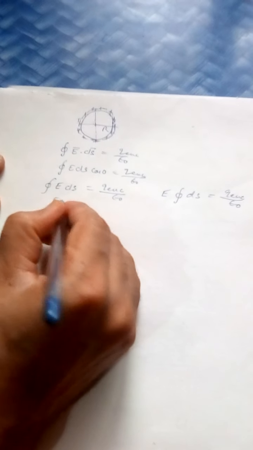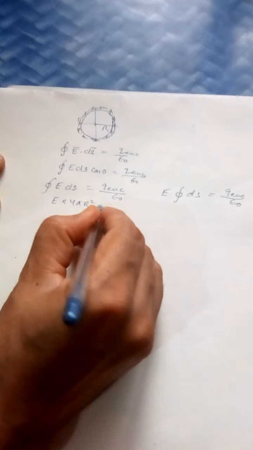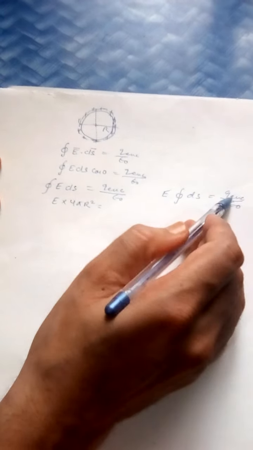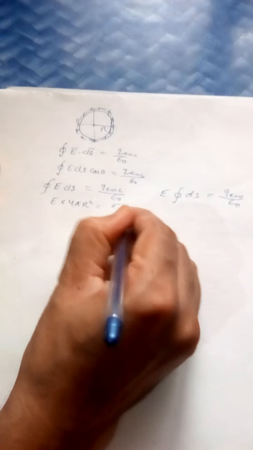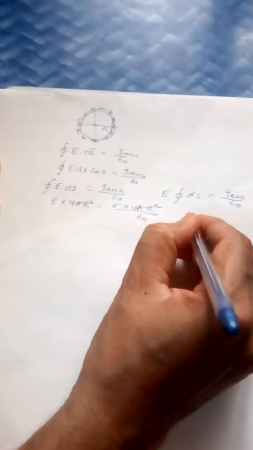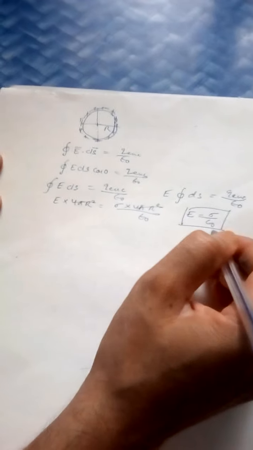So E times the area of the Gaussian surface, which is 4 pi r square, and we have written at the very first that q enclosed is also sigma into 4 pi r square. So 4 pi r square cancels. So E is equal to sigma by epsilon naught. On the sphere, the electric field is sigma by epsilon naught.